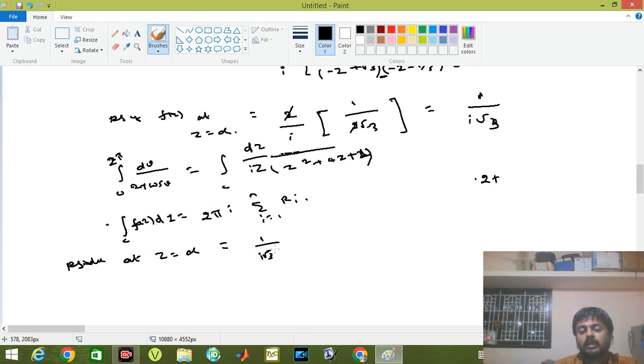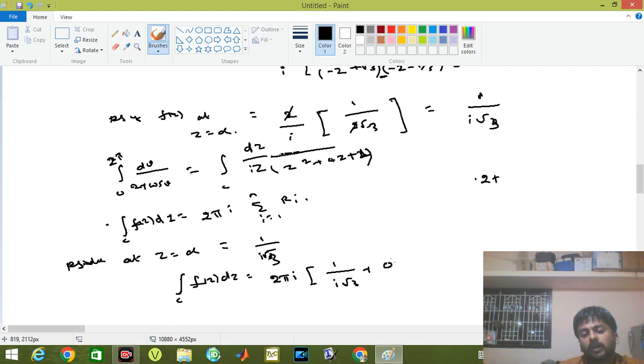We shall solve the problem directly. Integral over C f of z dz equal to 2 pi i into summation of residues, that is 1 divided by i root 3.